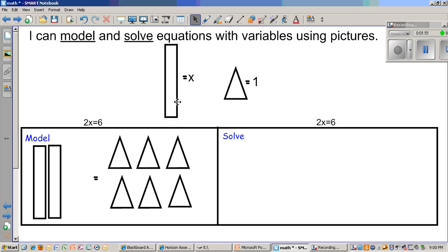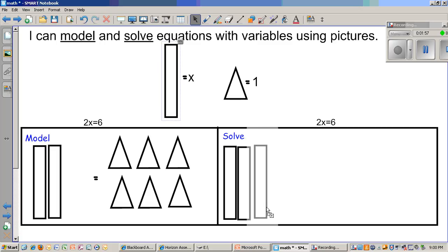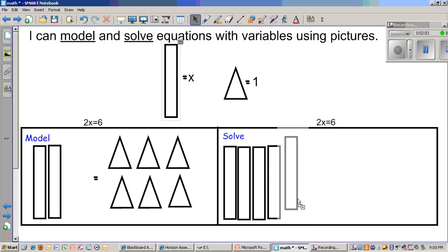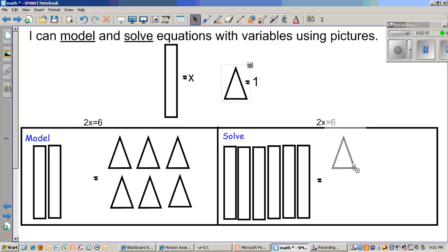To make those equal, we're going to have to put 6 x's over here. 4, 5, and 6. So we have 6 x's now. And that will be equal to our 6.